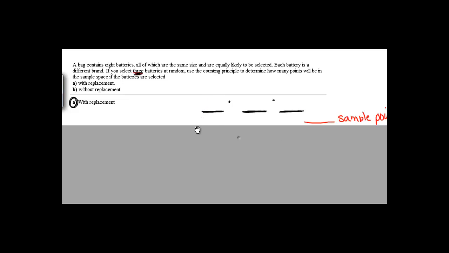So we've got a bag containing the batteries. When I first draw a battery, there are 8 batteries that have an equally likely chance of being selected. So I have a total of 8 different outcomes. Now, if I draw the battery, with replacement means I'm going to put it back into the bag.